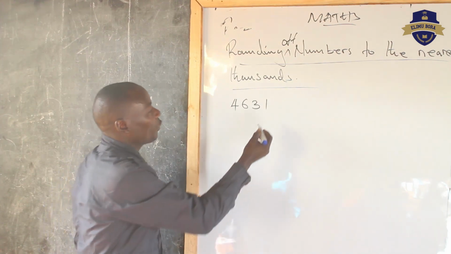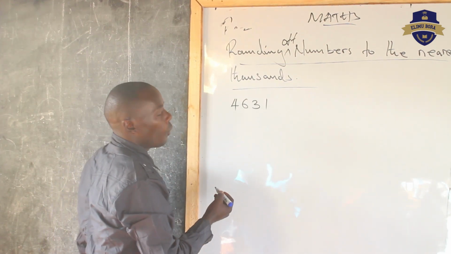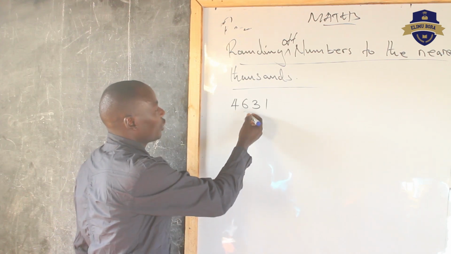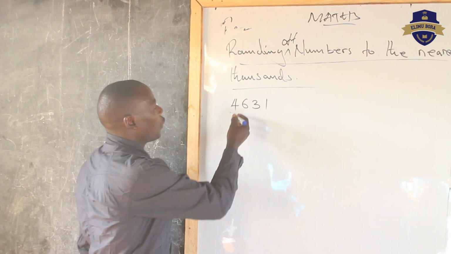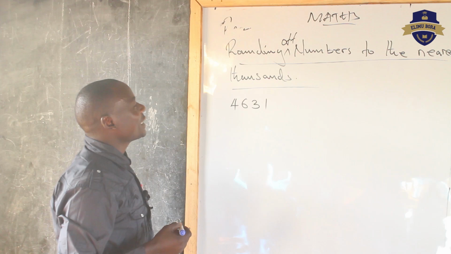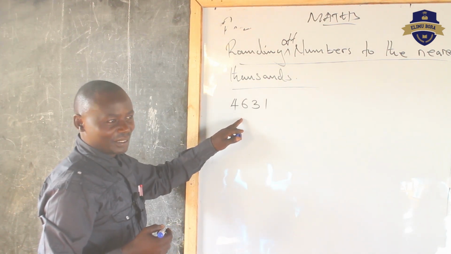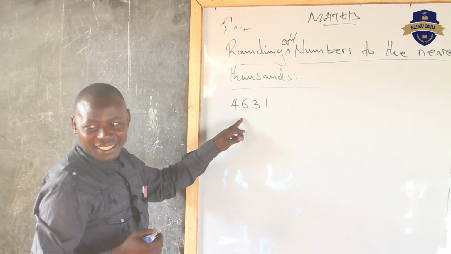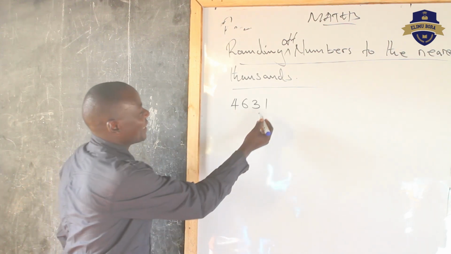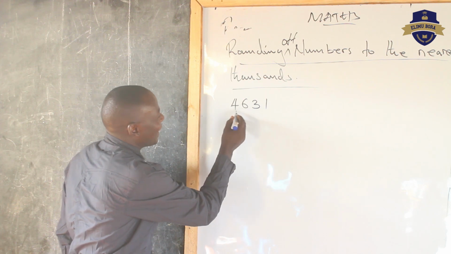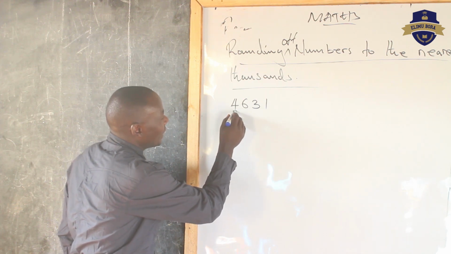What is the place value of digit 1? Ones. 3? Tens. 6? Hundreds. 4? So which number are we going to round off? This is ones, tens, hundreds, thousand. So the thousand is here.